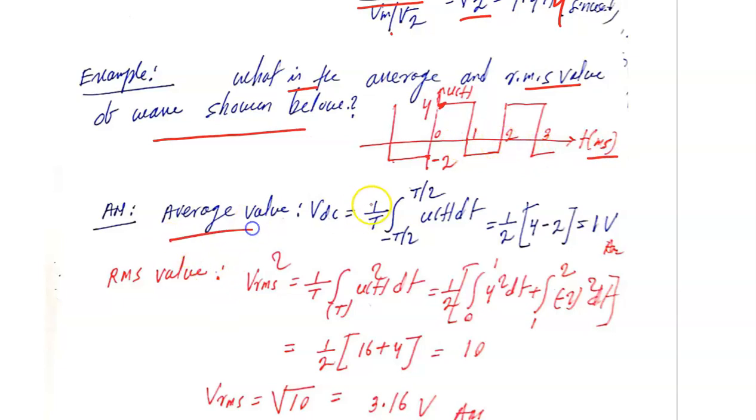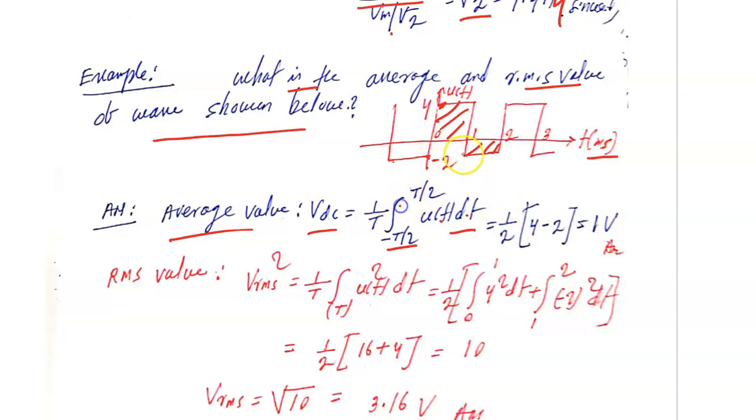Average value is the VDC, 1 upon T by definition, 1 upon T over a period, minus T by 2 to T by 2, v(t) dt. You can clearly see that this integration is the area with sign. So this area and this area with sign.